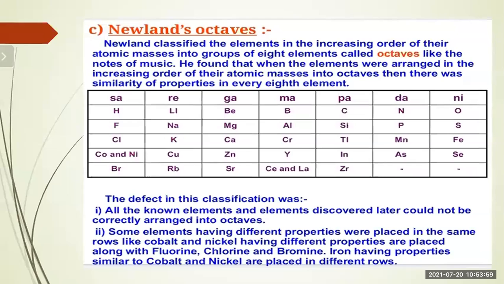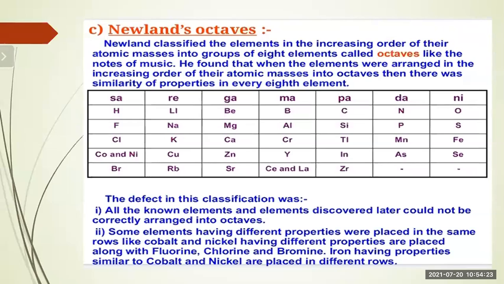Then again, there are some defects in this classification. Now let us see what the defects of the classification are. All the known elements and elements discovered later could not be correctly arranged into the octave.